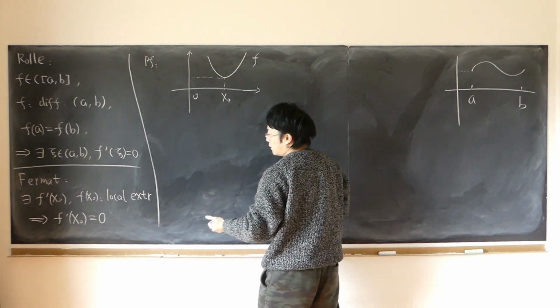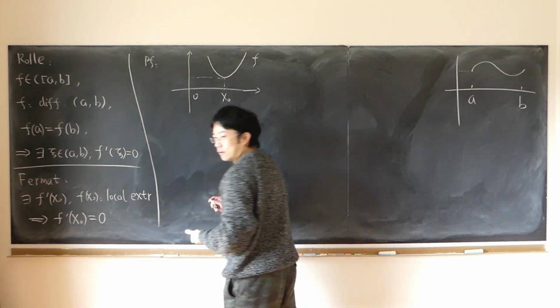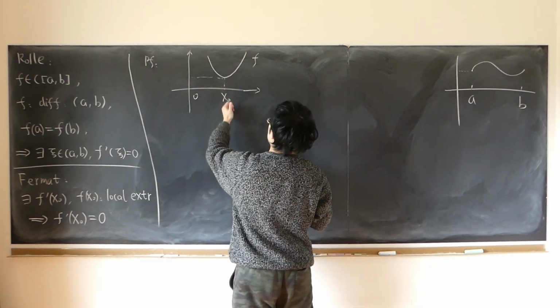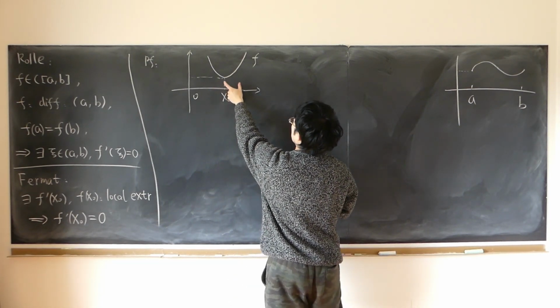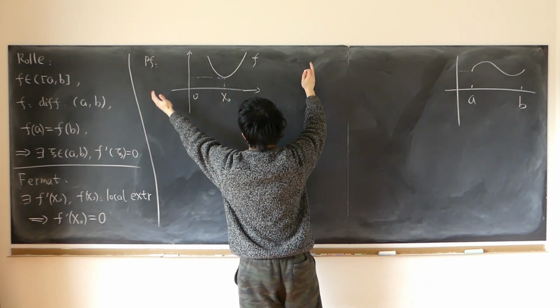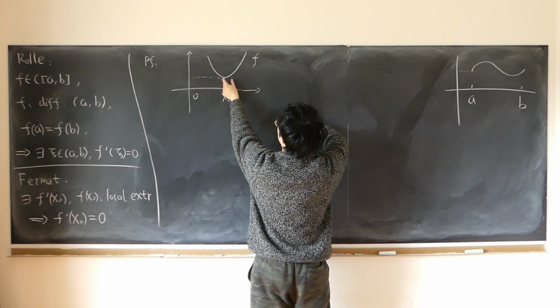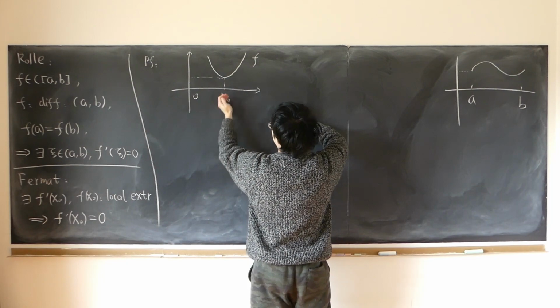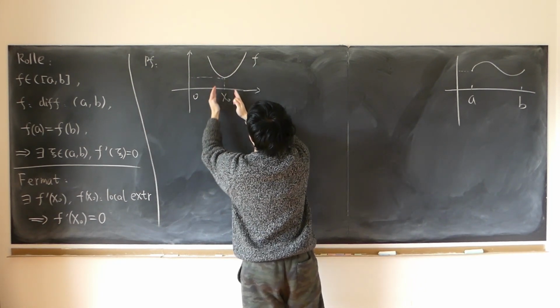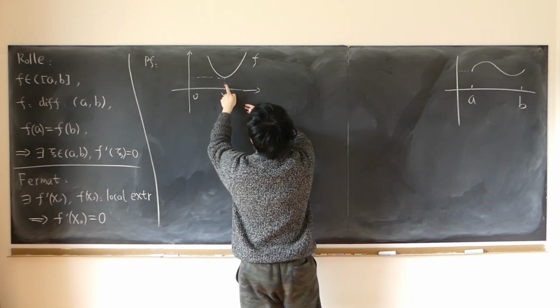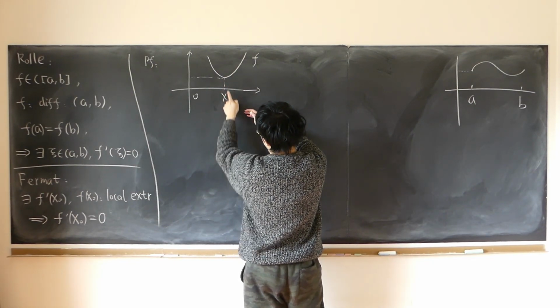But before we do that, we say it's a local minimum, which means there exists a small enough, maybe not a big interval, but a small neighborhood, the delta: x0 minus delta and x0 plus delta. Inside this neighborhood, the functional value is the minimum at this point.